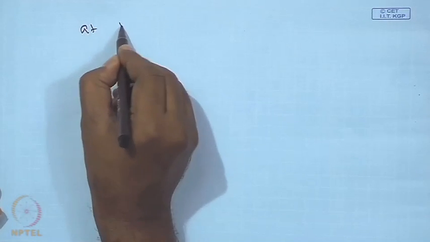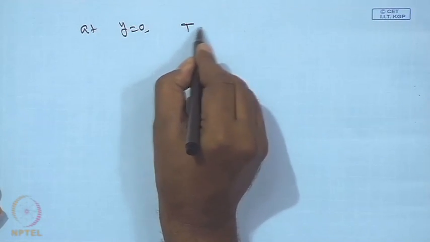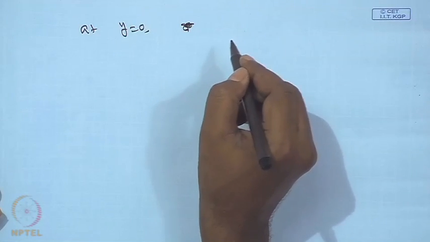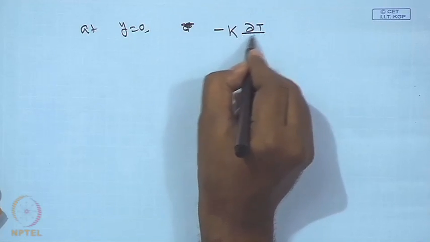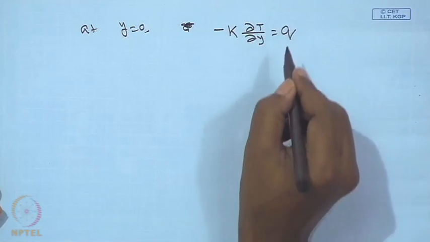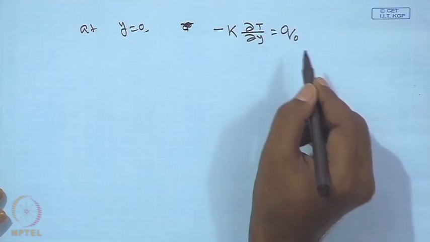Next, what we do? We set up the boundary conditions for y. At y is equal to 0, we are supplying let us say a constant heat flux to the system. So, minus k del T del y is equal to q naught. Q naught is the constant heat flux that is going into the system.